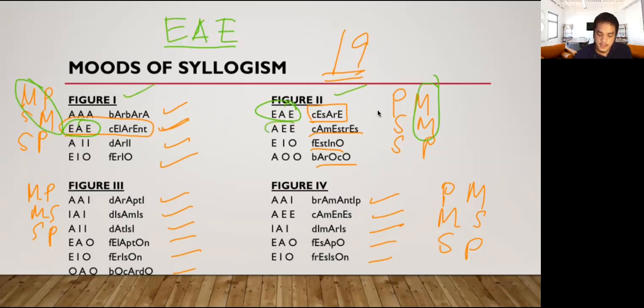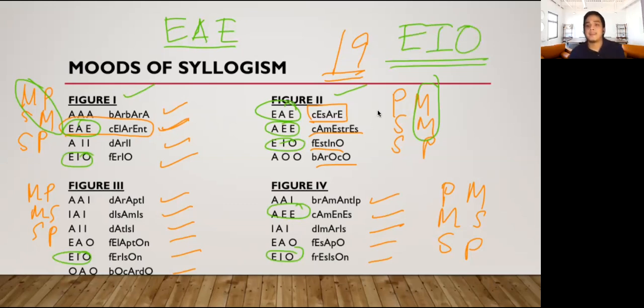Another is AEE. Also EIO. If you only answer EIO for its mood without specifying whether it's Ferison, Fresison, Ferio, or Festino, then you become confused. So you better become specific in what figure or what mood that is specific in each figure.